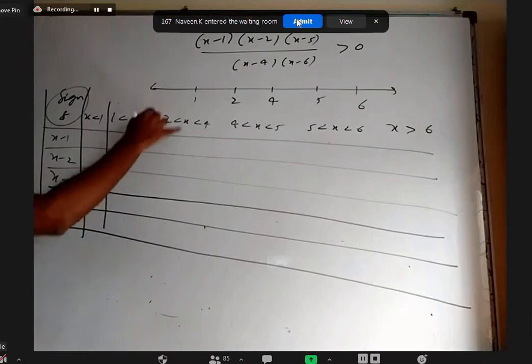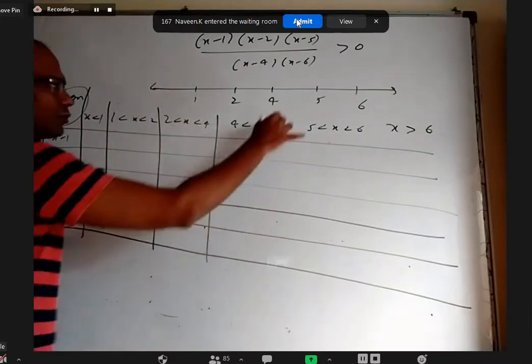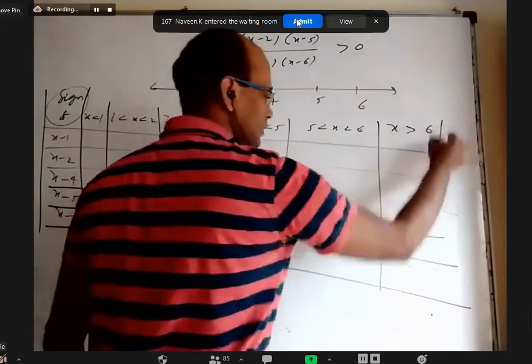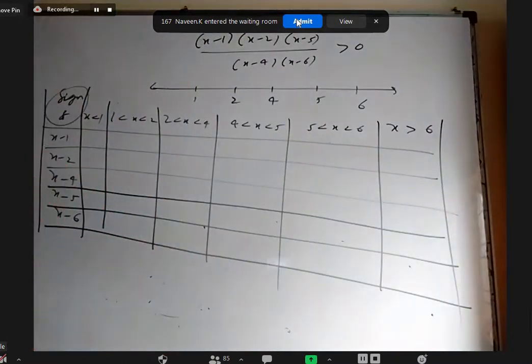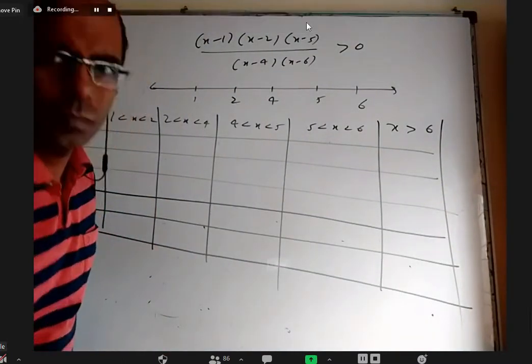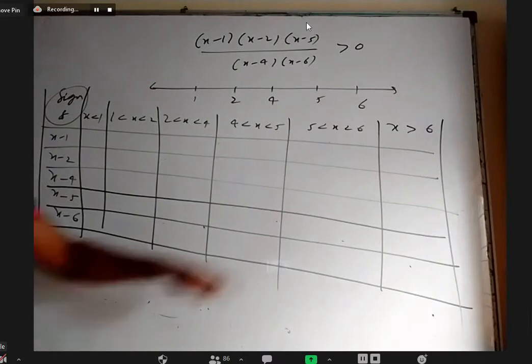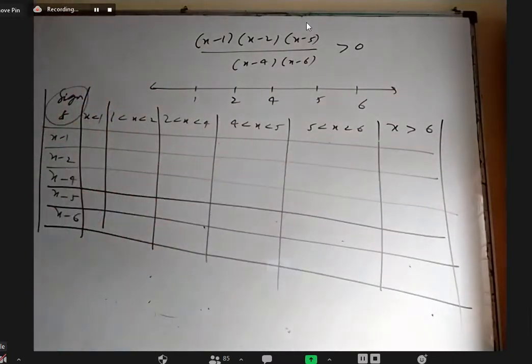X less than 1, between 1 and 2, between 2 and 4, between 4 and 5, between 5 and 6, and more than 6. Okay, if I take more than 6, let us take each one separately.